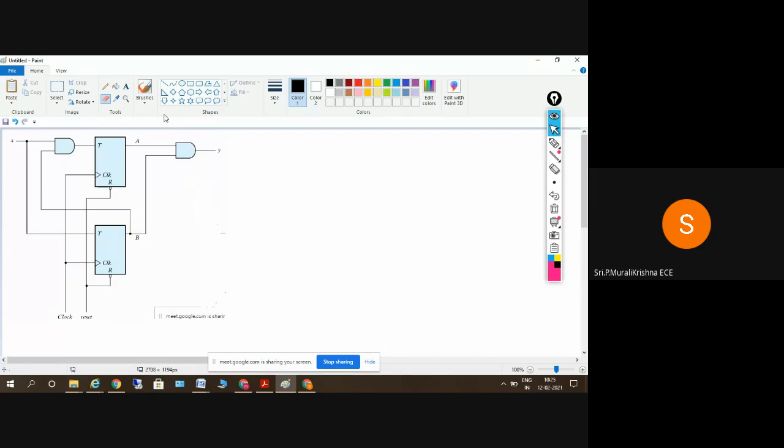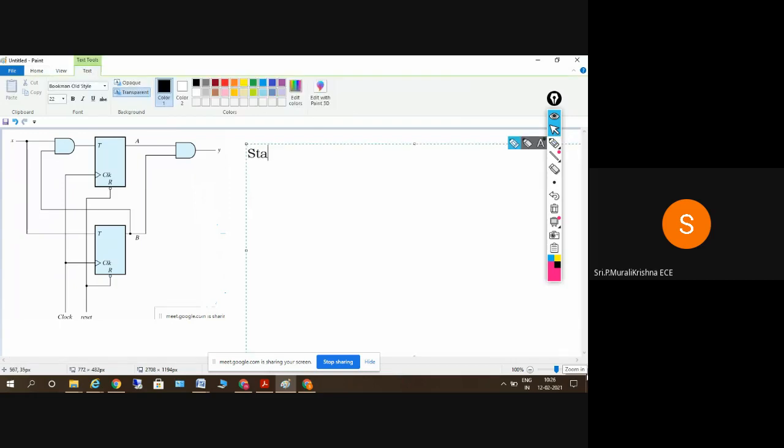Okay. First of all, find the state equations. We don't know the values of a of t plus 1, so what I can find here is TA.